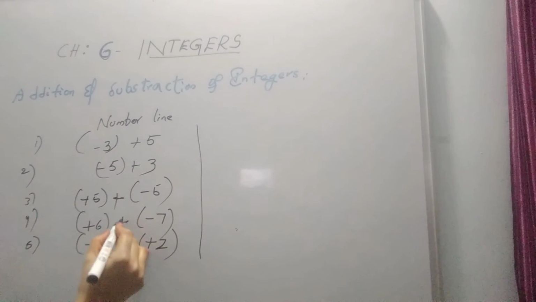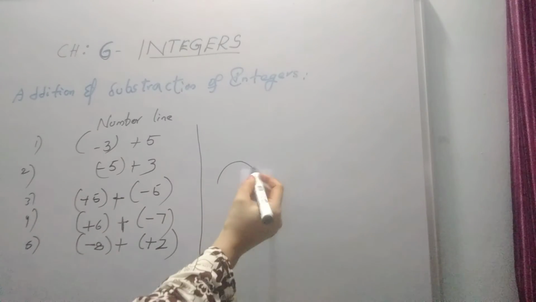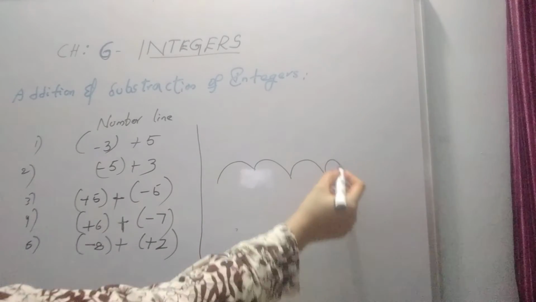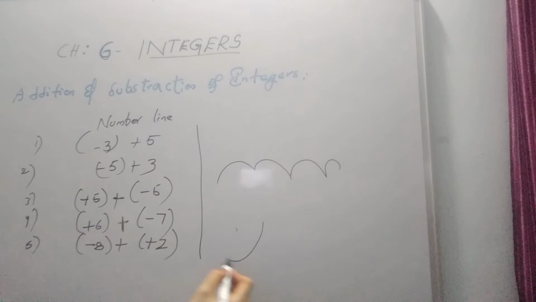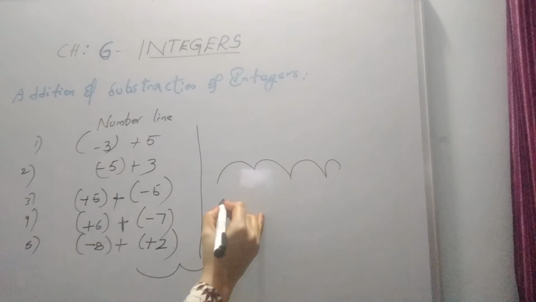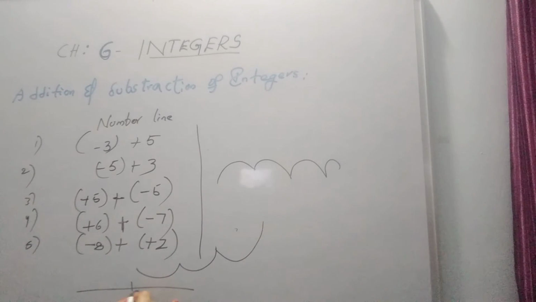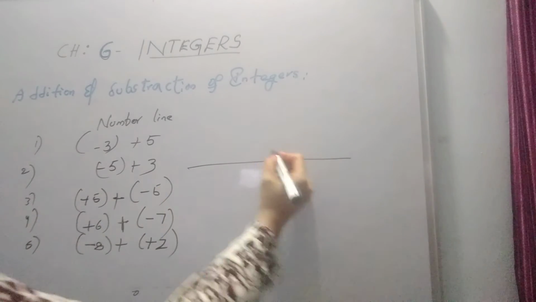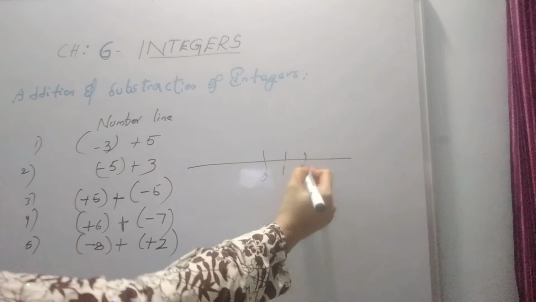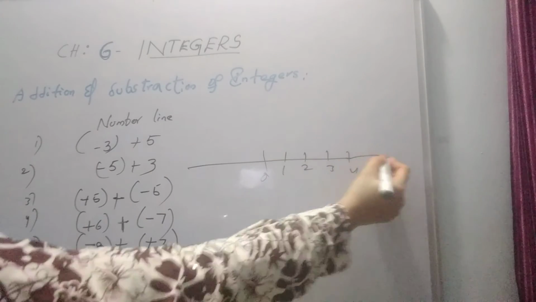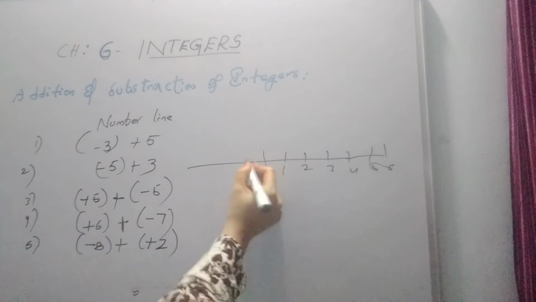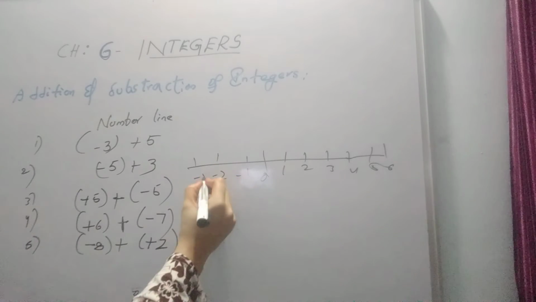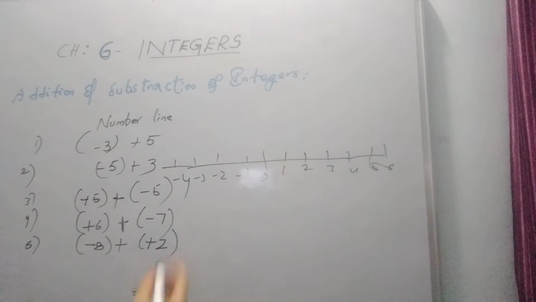Plus means you have to jump to the right side, minus means you have to jump to the left side. Is it clear? For example, 0, 1, 2, 3, 4, 5, 6, -1, -2, -3, -4.